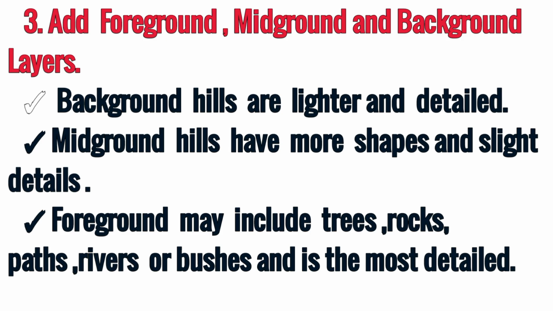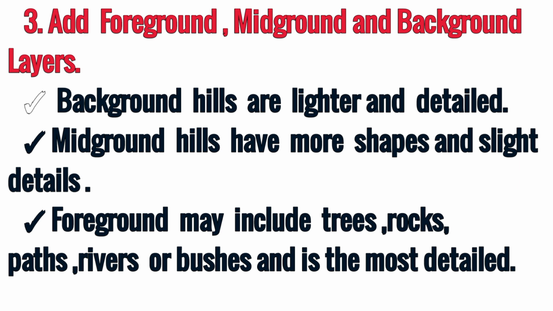So make sure when you are working on the background hills, let them be lighter and more detailed. Then mid-ground hills have more shapes and slight details. Then the foreground may include trees, rocks, paths, rivers, or bushes, and is the most detailed. So the foreground should be detailed.